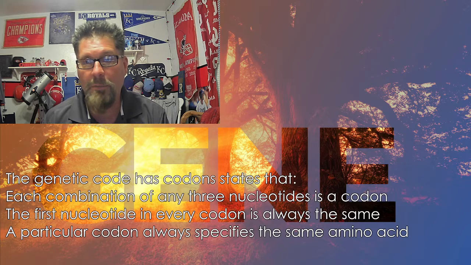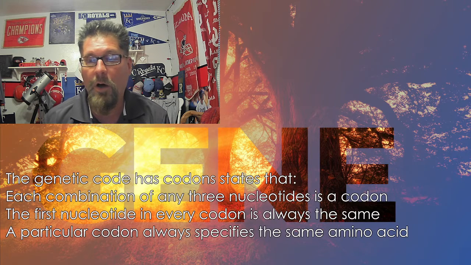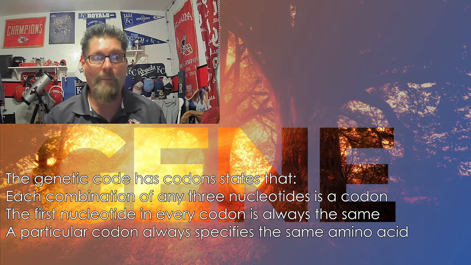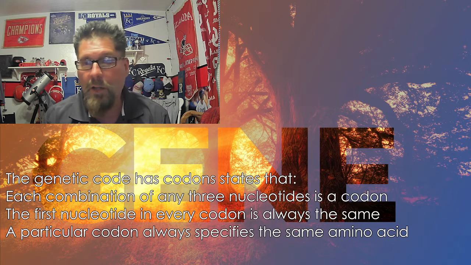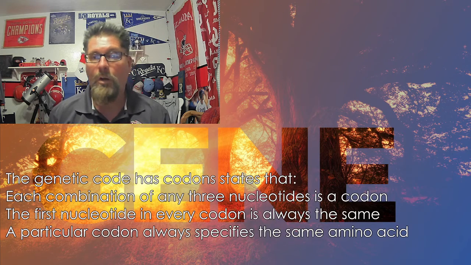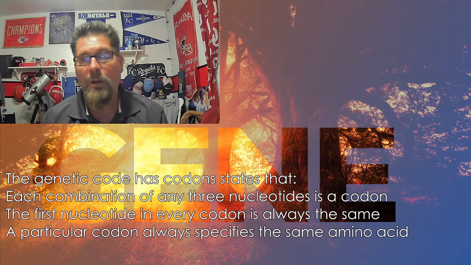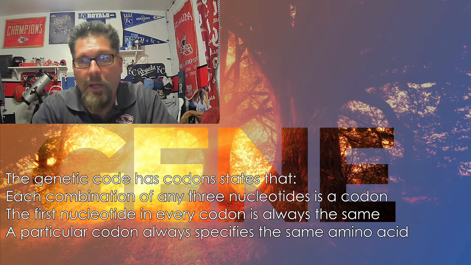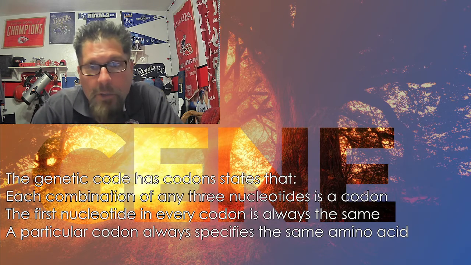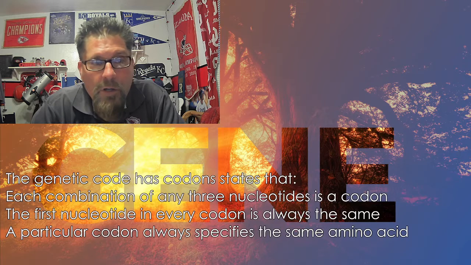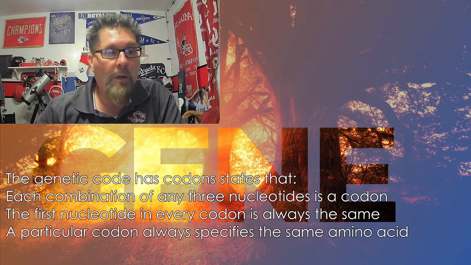And of course, a particular codon always specifies the same amino acid; that never changes. So it's always a set of 3, and each set of 3 codes for a specific amino acid.